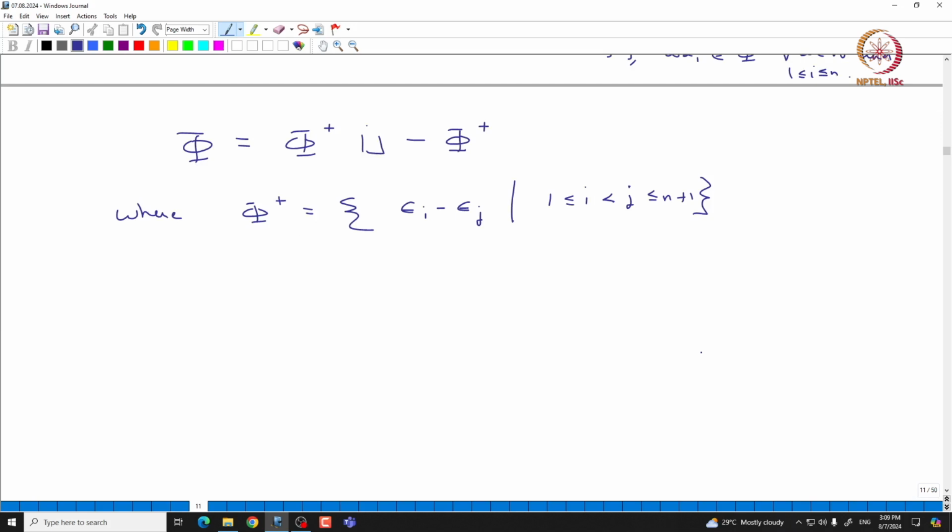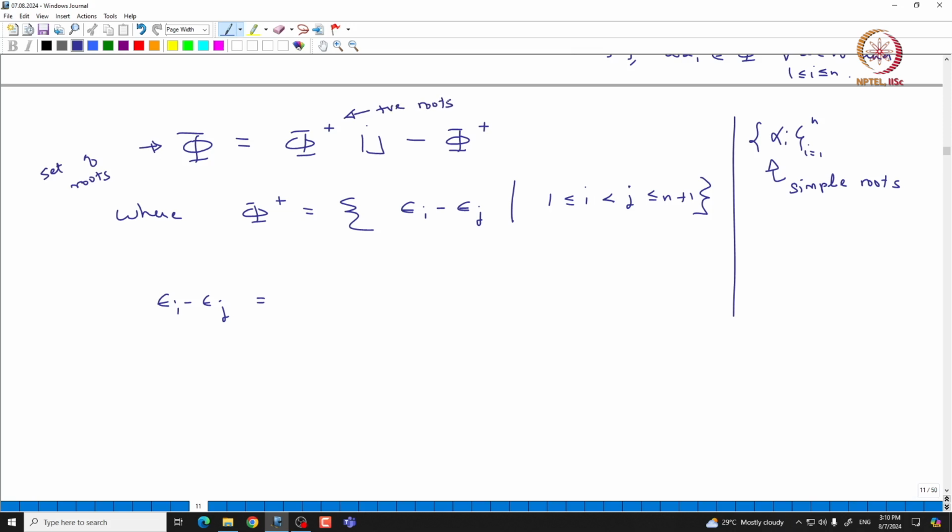These alpha_i's we call simple roots, this phi will be called the set of roots, and this phi plus will be called positive roots.